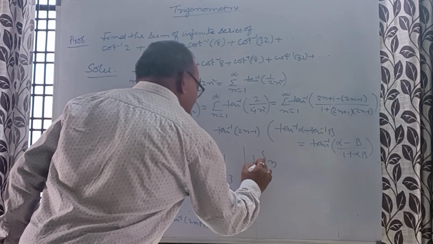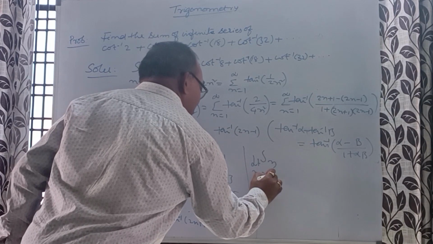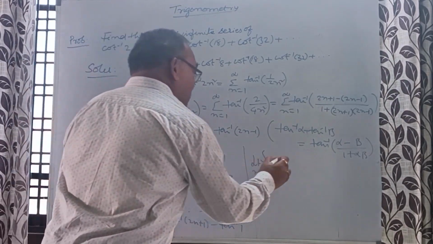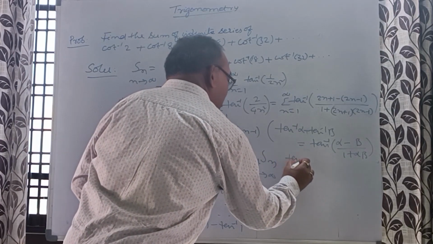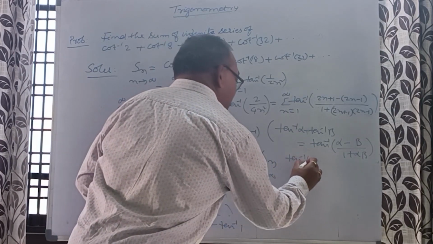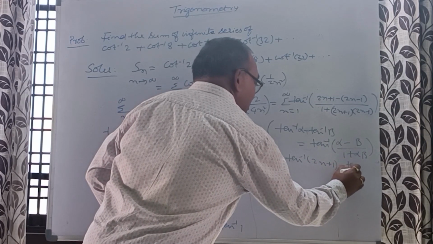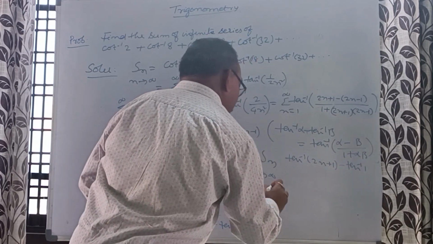Now this is S_n. Taking the limit as n tends to infinity, this is equal to tan inverse of 2n plus 1 minus tan inverse of 1.